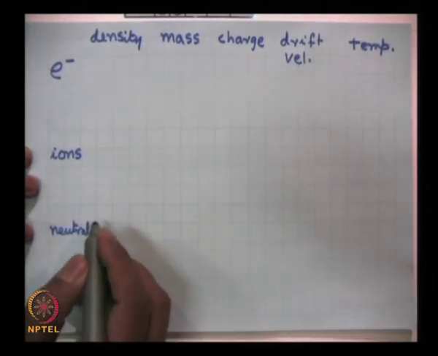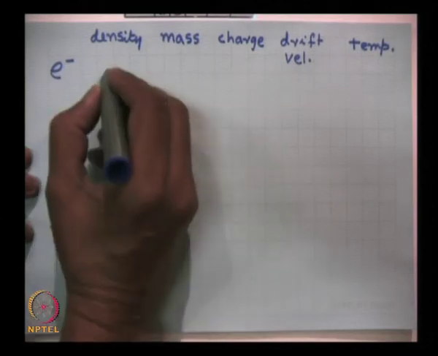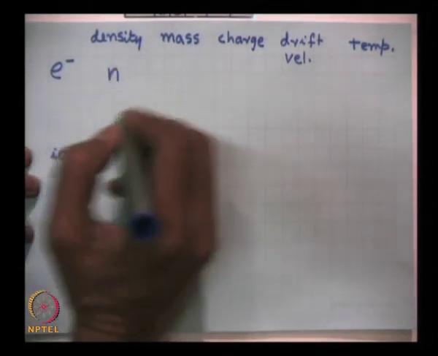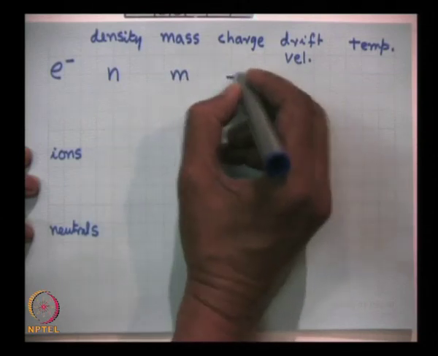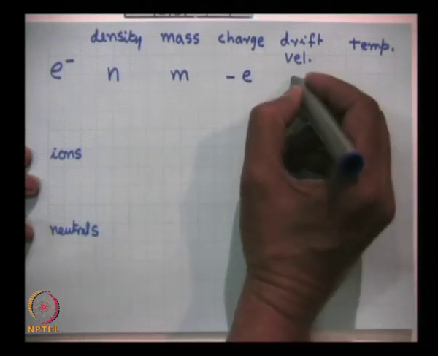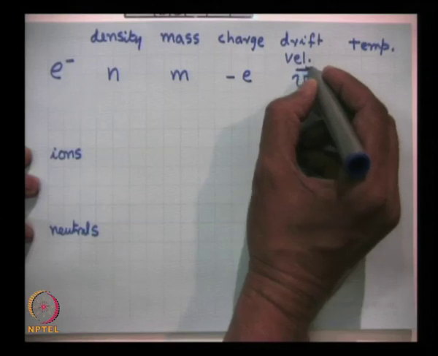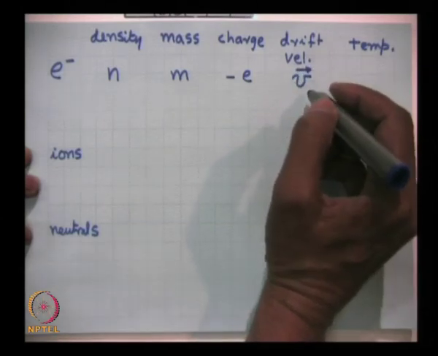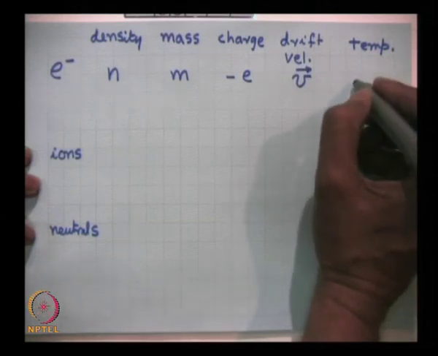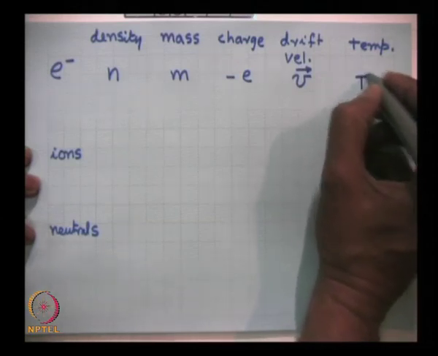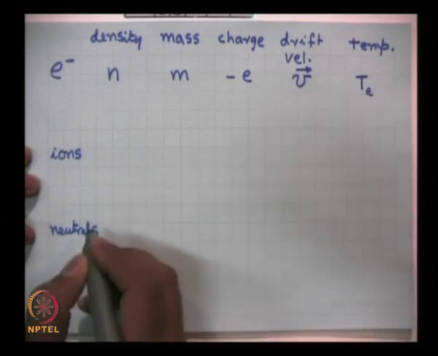For electrons, we write these quantities as density as n, mass as m, charge as minus e, drift velocity as v vector, which is the average velocity of particles, and temperature as T, sometimes we will write as Te.